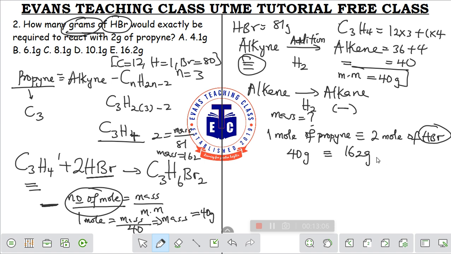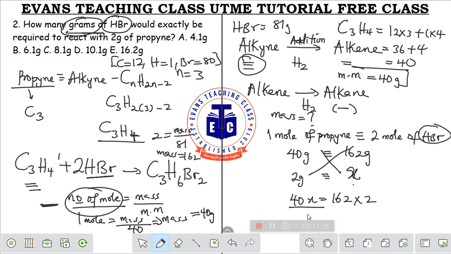Now we are not done yet. They now said 2 gram of propane will give us what? So we are looking for what it will give us. So let's assume this is our x. So let's cross multiply. So it will now be 40x is equal to 162 times 2.